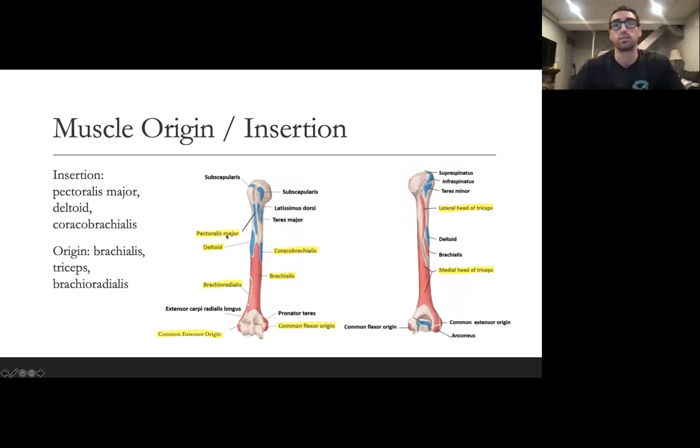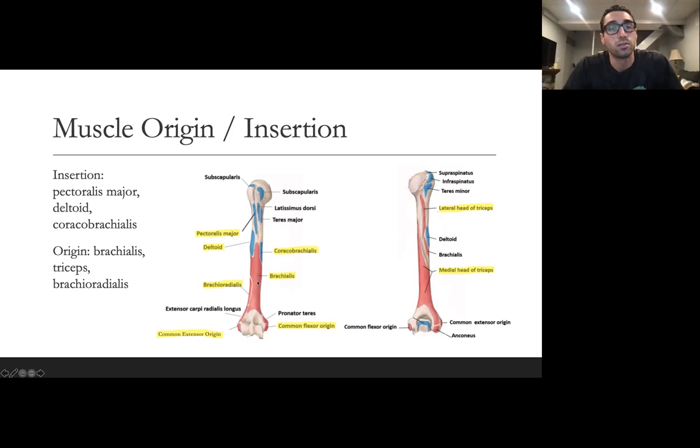All right, so moving on to muscle origin and insertions. Again, I just highlighted some of the more common muscles that are major deforming forces in humeral shaft fractures. So the pectoralis major inserts at the lateral lip of the intertubercular sulcus. You have the deltoid inserting at the deltoid tuberosity, and the coracobrachialis, which inserts on the medial side of the humerus.